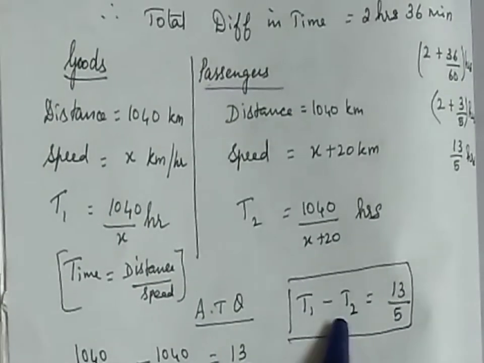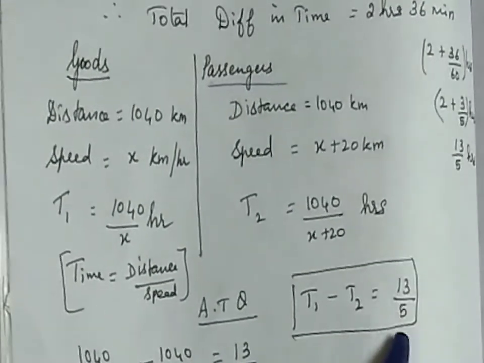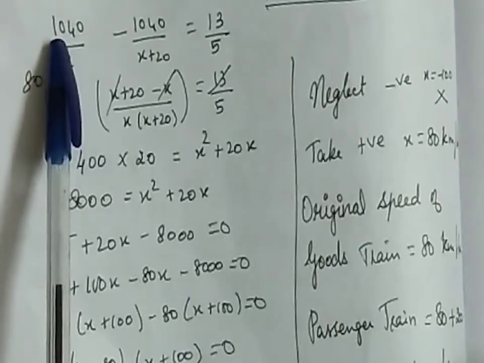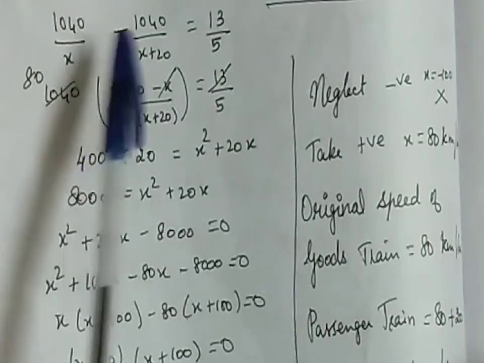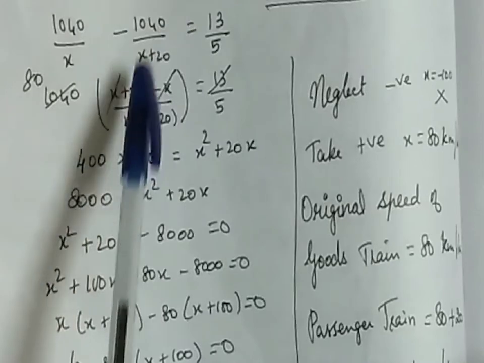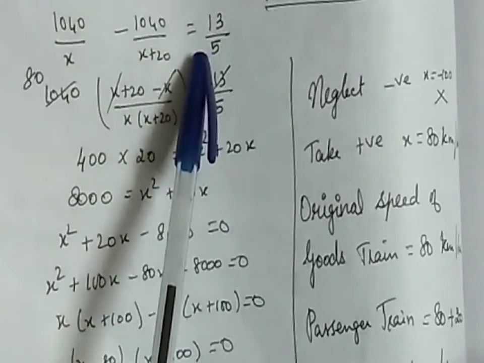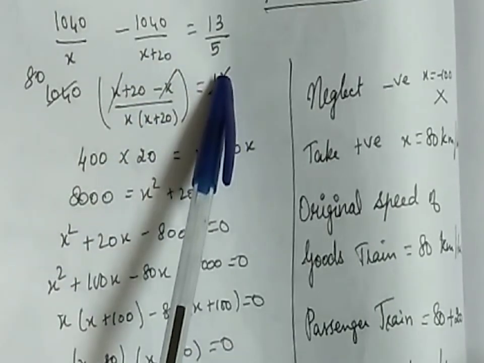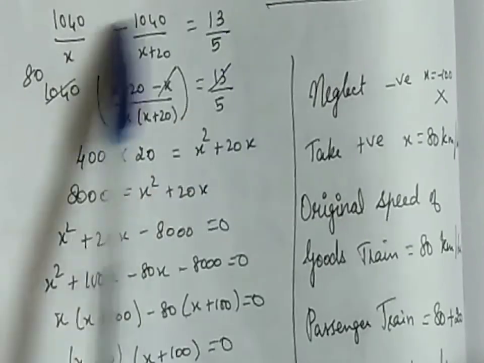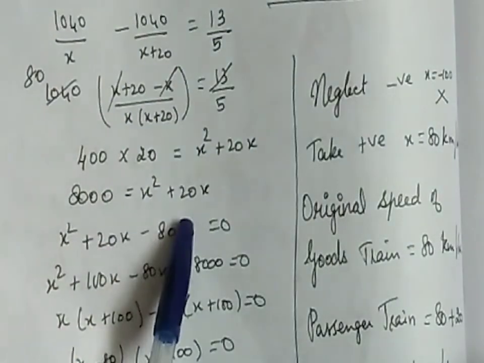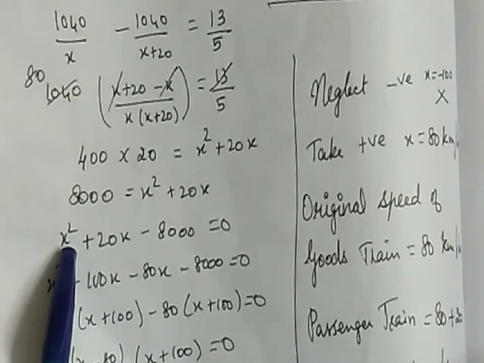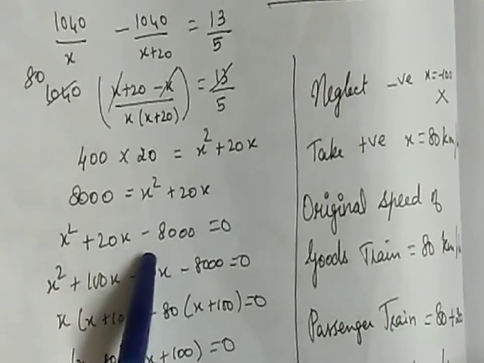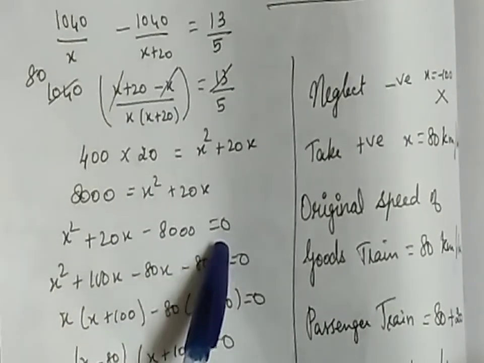T1 minus T2 is equal to 13 upon 5. Now take 1040 upon x minus 1040 upon x plus 20 is equal to 13 upon 5. Now take the LCM and cross multiply. You will get the quadratic equation. What is that? x squared plus 20x minus 8000 is equal to 0.